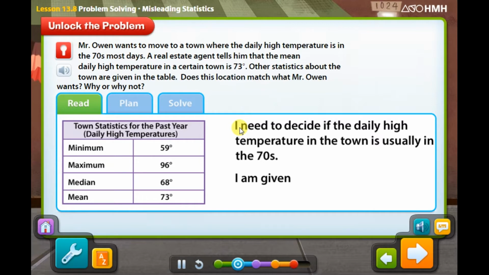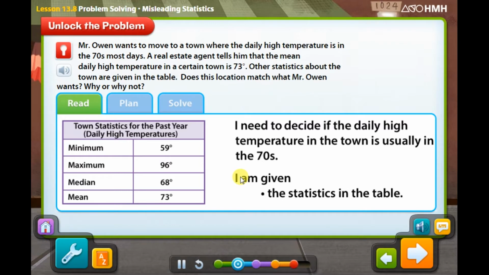What information are you given? I am given the mean, which is 73, the median is 68, the maximum is 96, and the minimum is 59. You are given the statistics in the table.